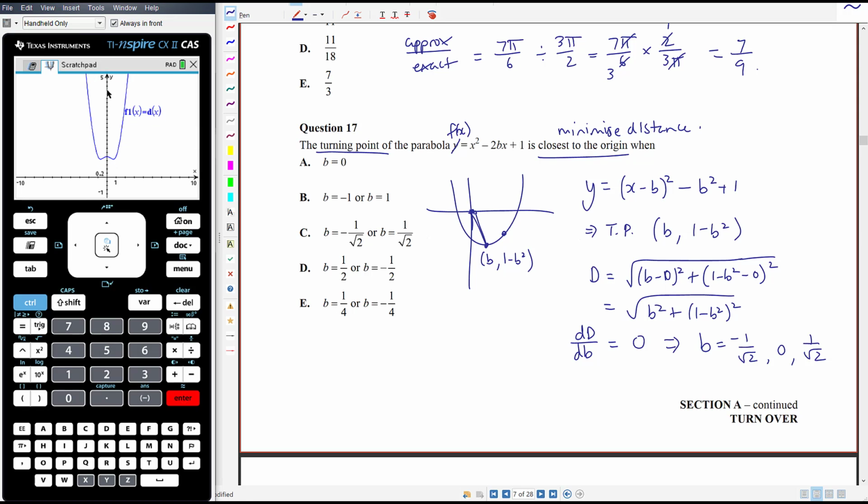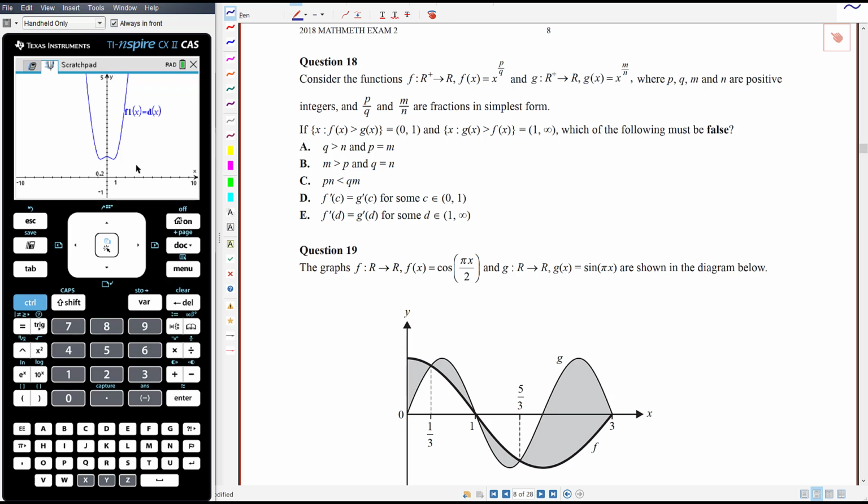The minimum values are clearly not at 0. It's a maximum turning point at 0, and the minimum values of d happen when b is plus or minus 1 on root 2. And so option C will make sure that we are minimizing the distance between the origin and the turning point of the parabola.